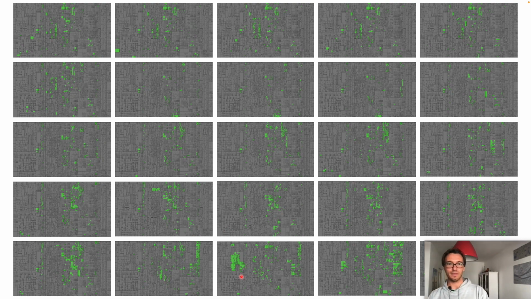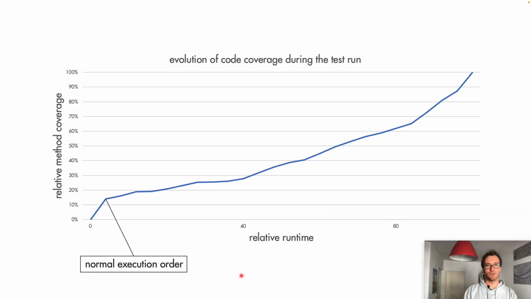In a normal test execution order, you execute mostly tests in buckets, so tests that are testing similar things are run right after each other. And we see that also in Pixelitor.